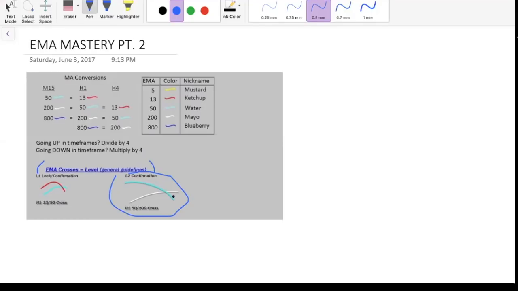When I notice that these two cross, it signifies on a higher time frame that a pullback or reversal is about to happen. Either it's going to be counter trend against the trend or back with the trend.